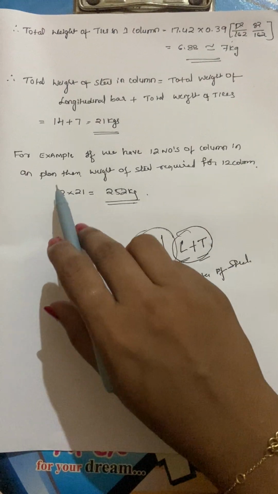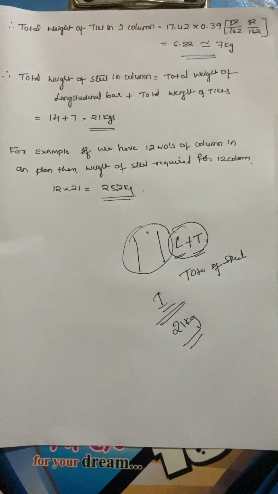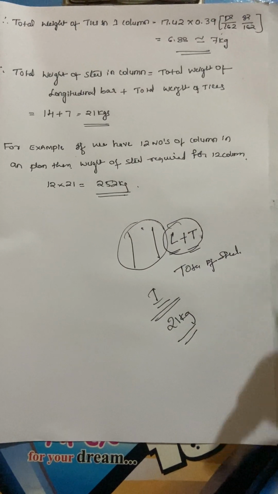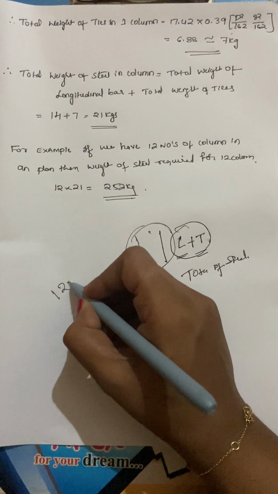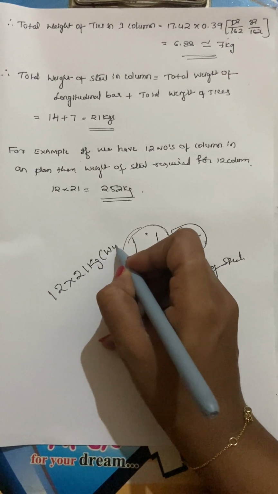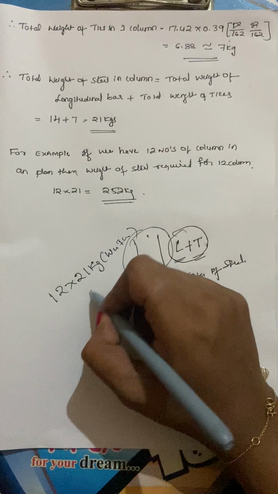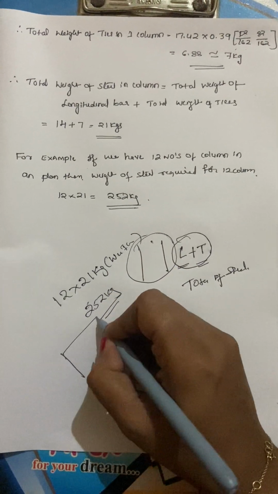For example, if we have 12 columns, how do you calculate the quantity of steel required? That is simple, 12 into 21 kg, the weight of steel for one single column. So it is approximately 252 kgs for one single floor plan.